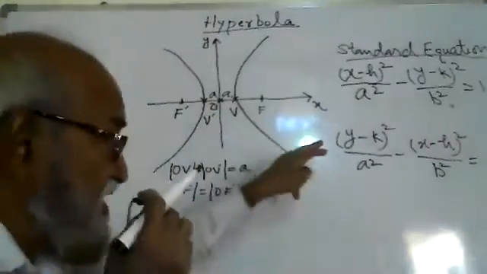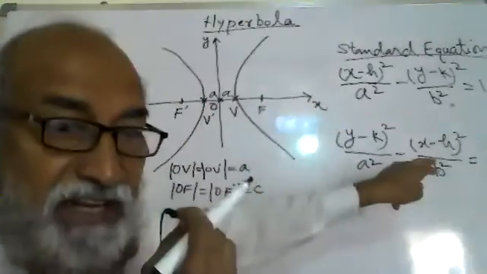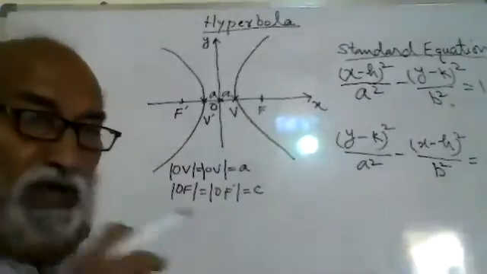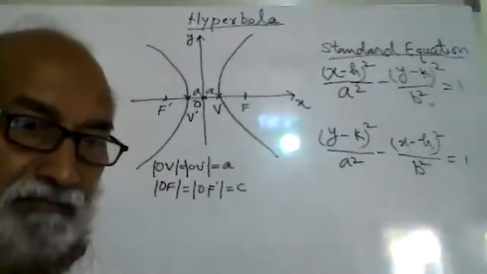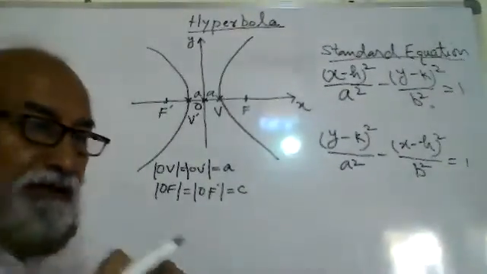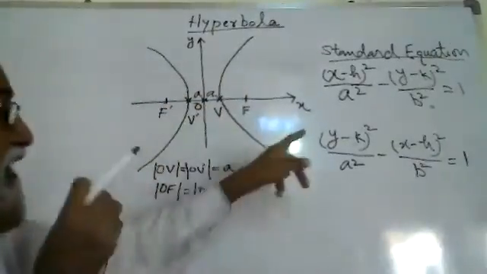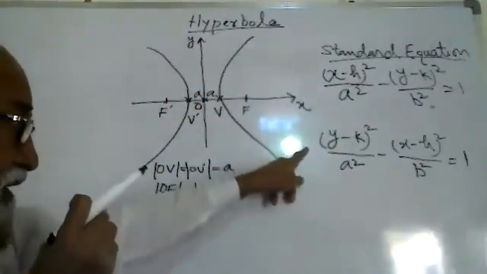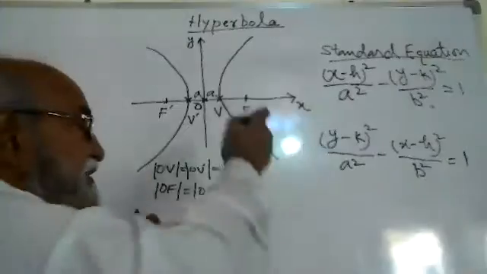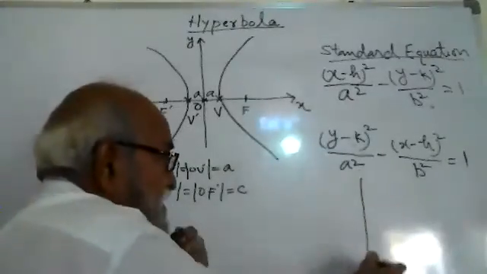If y square is positive and x square is negative, the diagram will be in this way.